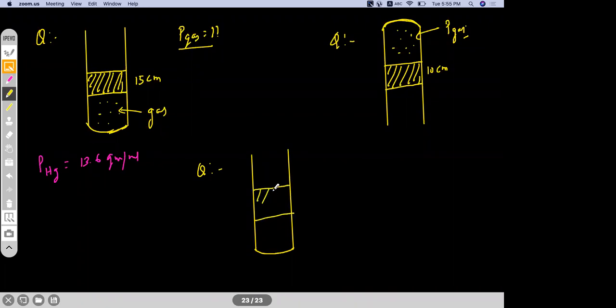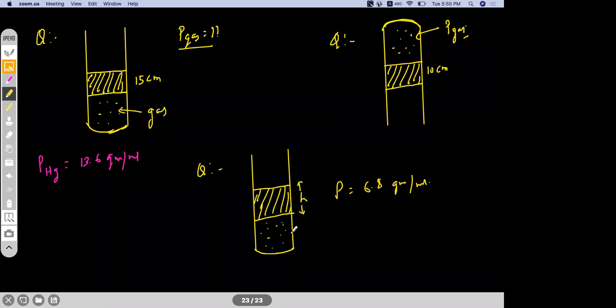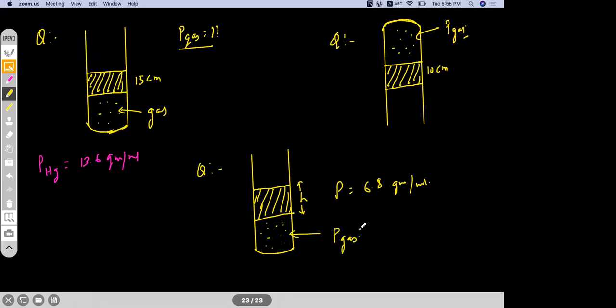We don't know about this liquid, but the density of this liquid is given. The height is h, and the density of this liquid is given. Rho is equal to 6.8 gram per ml for this side. Here we have gas. Need to find out the pressure of the gas. Try all three.